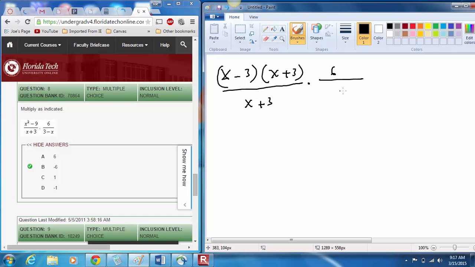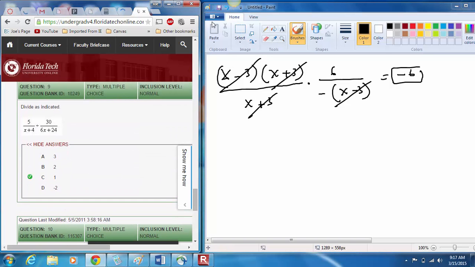Now 3 minus x can be written as minus times x minus 3. Remember that minus x will bring back the minus x, and minus times negative 3 will bring back the 3. So now we can simplify x plus 3 with x plus 3, x minus 3 with x minus 3, and 6 over negative 1 is negative 6. And that would be the final answer.